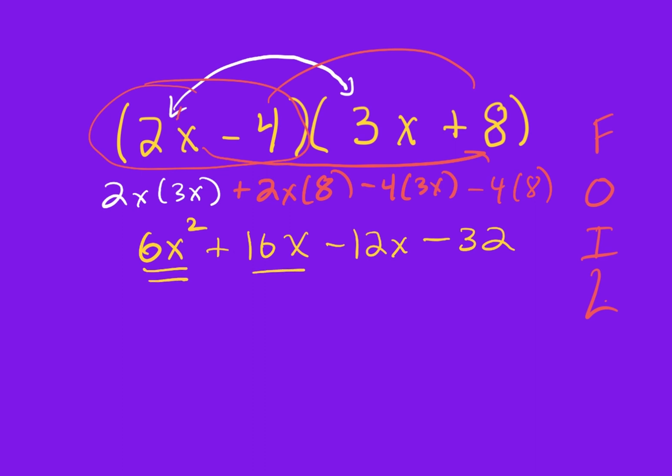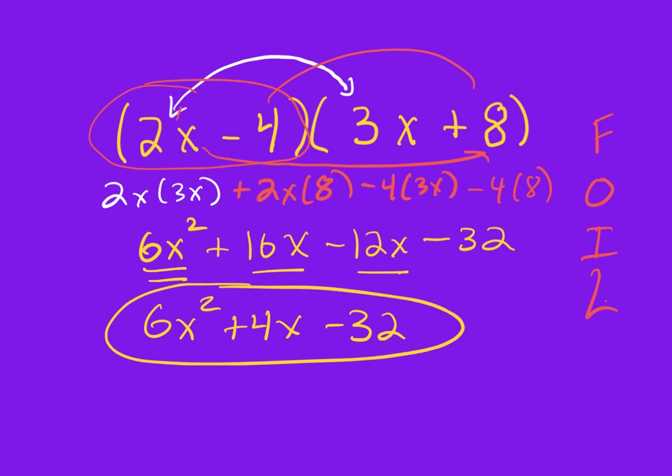Second degree, first degree, and none. So we can combine the two first degree ones. 16 minus 12 is 4. So that's plus 4x minus 32. And there's your solution. Okay. First, outside, inside, last. And it's a distributive property.